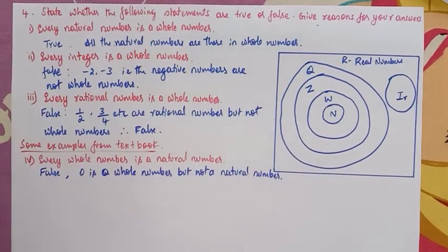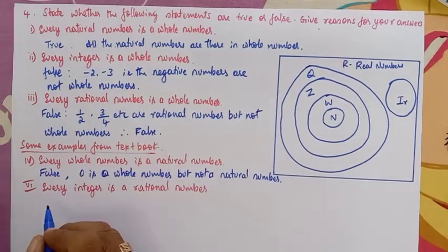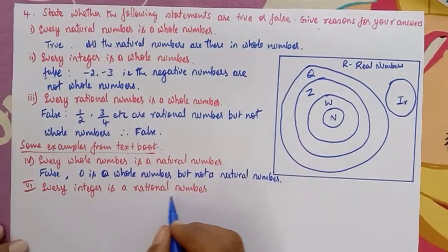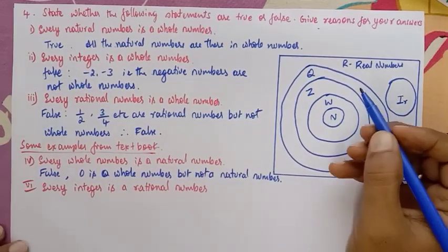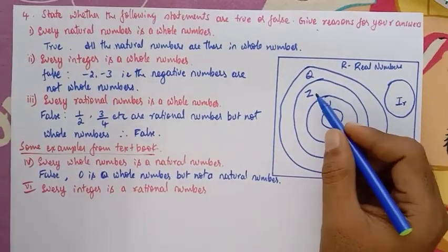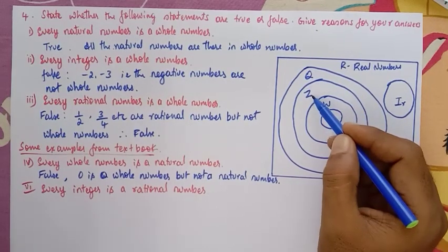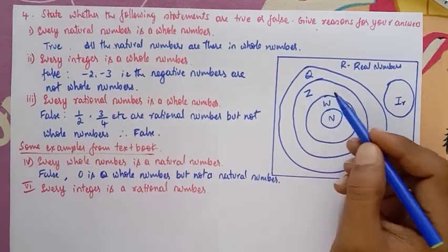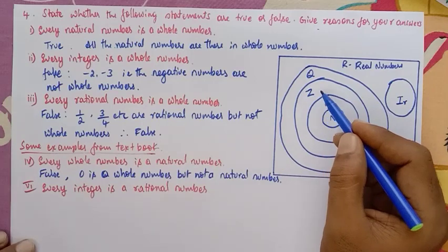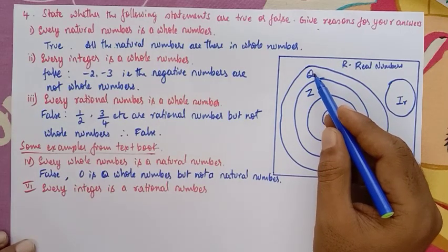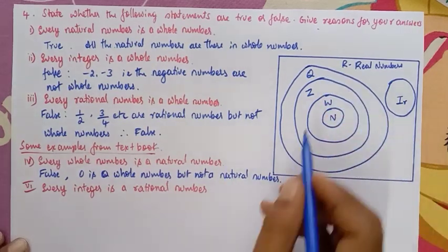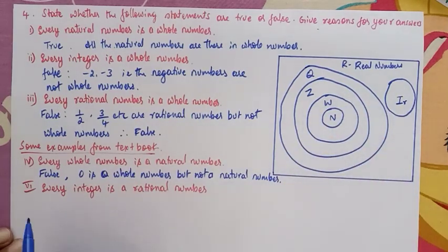Next one is every integer is a rational number. You see here, inside the rational numbers there are integers. So Z is the integers and Q is the rational numbers. You can understand it by seeing this picture.